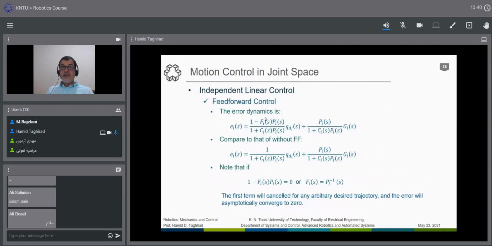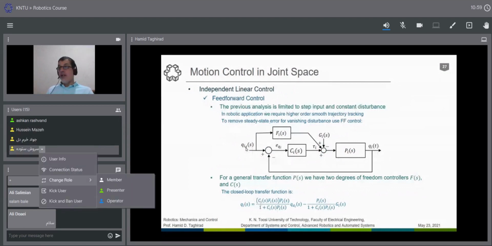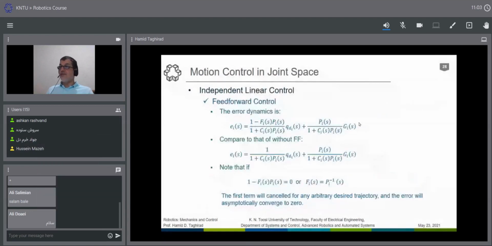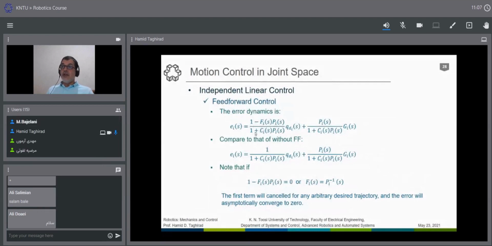Now, if we make some further manipulation and find the error dynamics, finding this EQ here, it is very simple to find EQ equal to QD minus Q, and this reduces to something here: 1 minus FP over 1 plus CP.